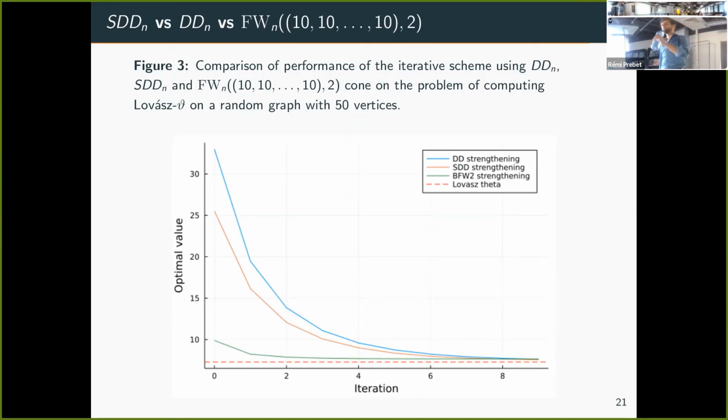Are there volume estimates for some of these cones when you bound the trace? There might be, but I'm not aware of any. But it should be very, very small, right? There's something by maybe Gaussian width, not quite the volume.